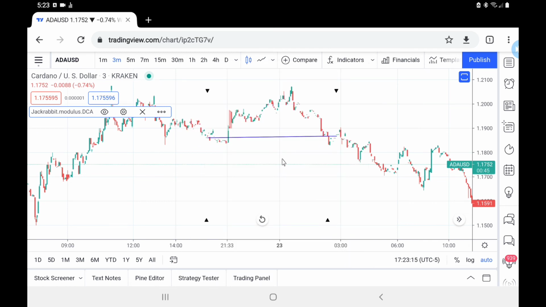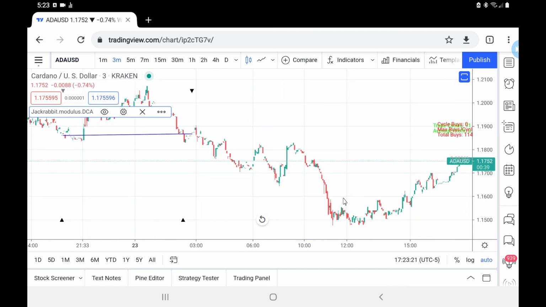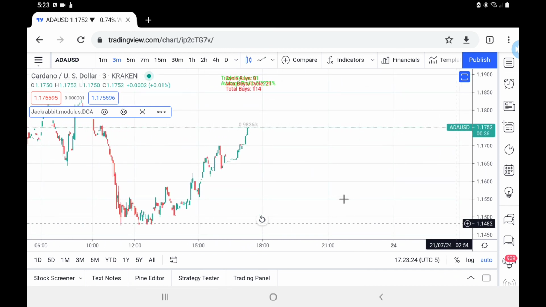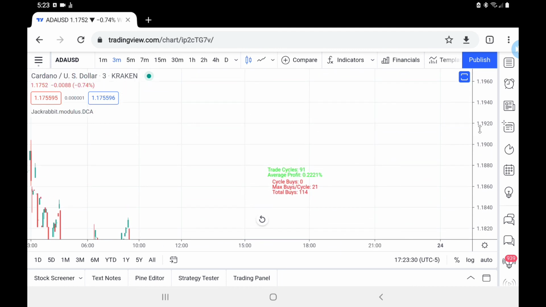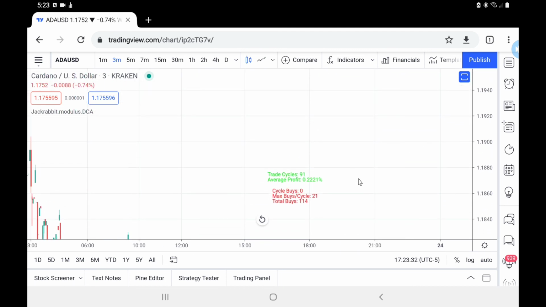So as you see, setting a take profit does work. It gets you out quicker. It lowers your threshold, but it also devastates your percentages.